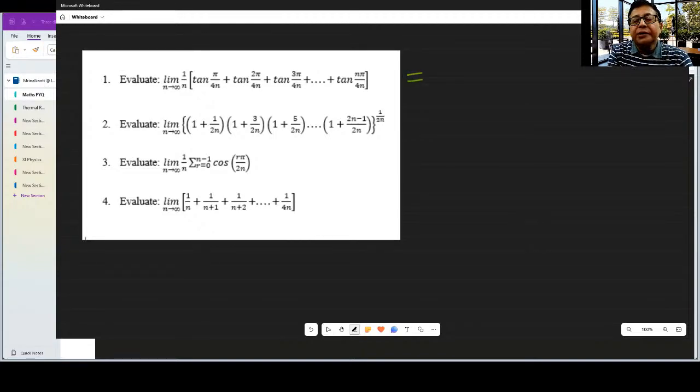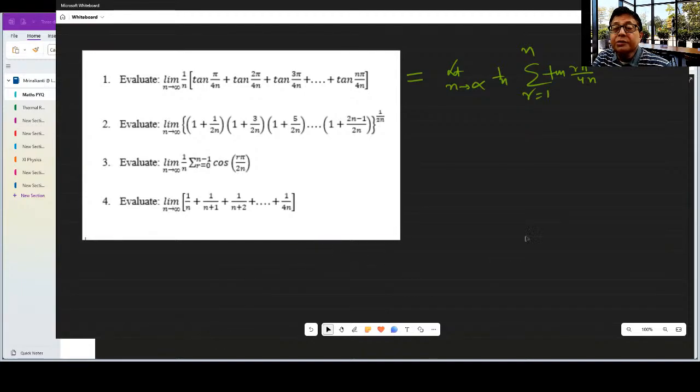Always remember that formula in mind, 1 by n sigma tan, which part is changing, you see, coefficient of pi, r pi by 4n, r is changing from 1 to n.